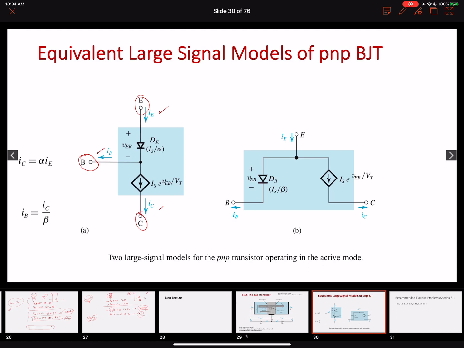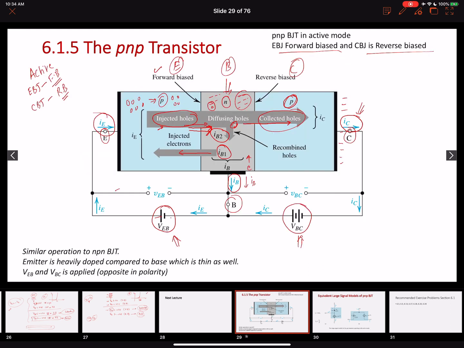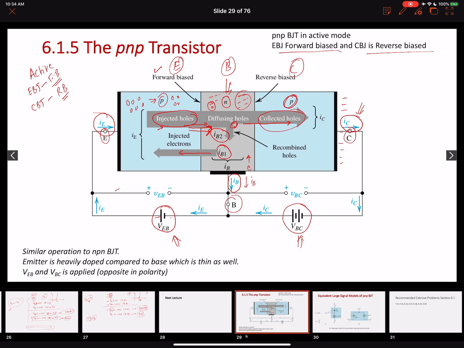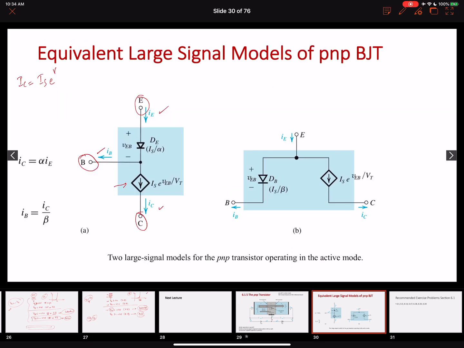All right, so this is our collector current. We know that the collector current will be a scaling current IS times e raised to the power of the biasing voltage. Our biasing voltage is now of opposite polarity, VEB, so I will write VEB over VT. This is the collector current represented here.